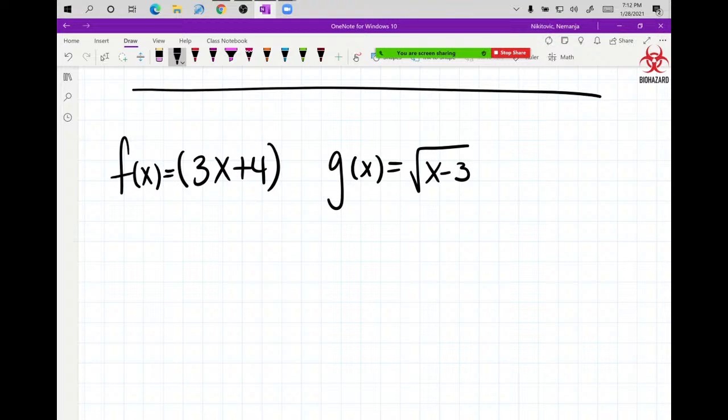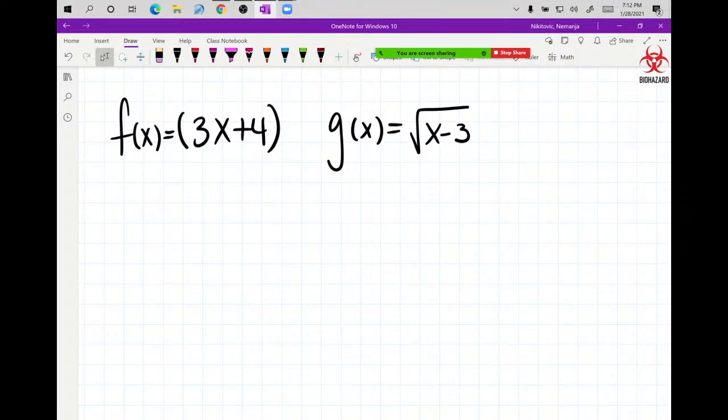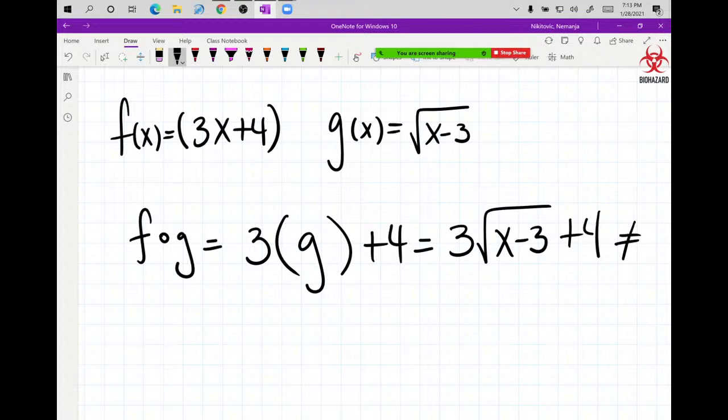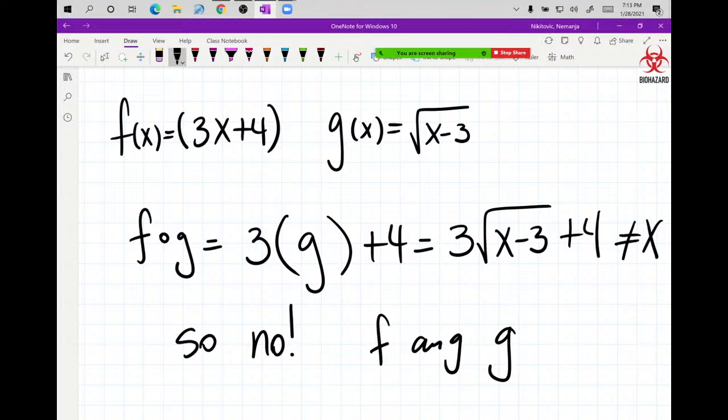The way for us to check if two given functions are inverses of each other is to find the composition of them. So 3g plus 4 is 3 root x minus 3 plus 4, which is not equal to x. So no, f and g are not inverses. Okay, I get it now.